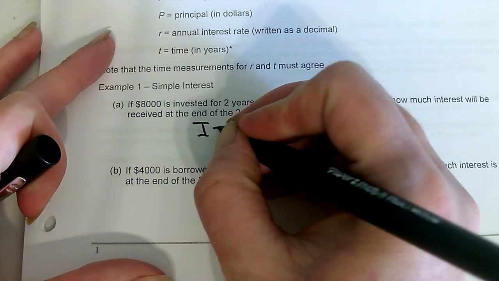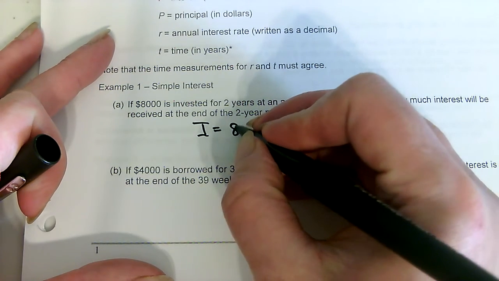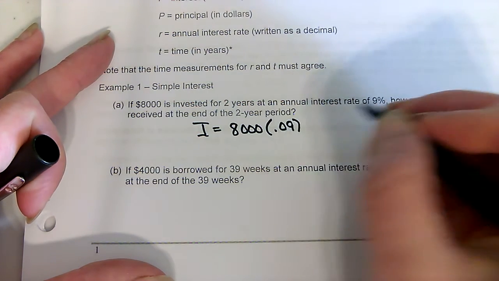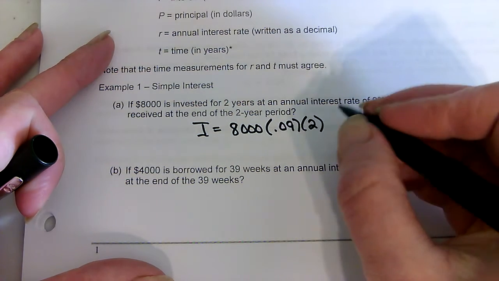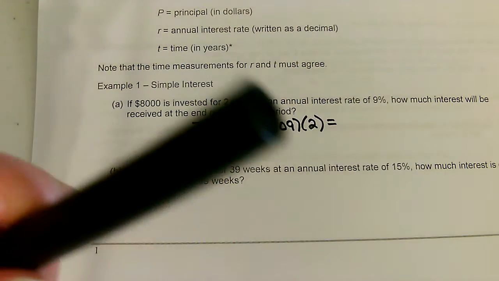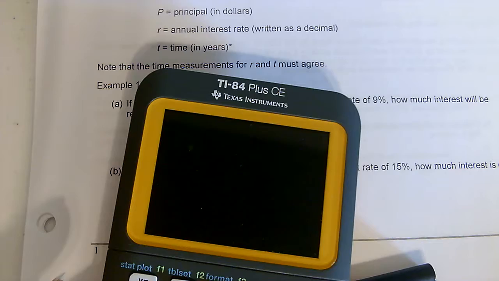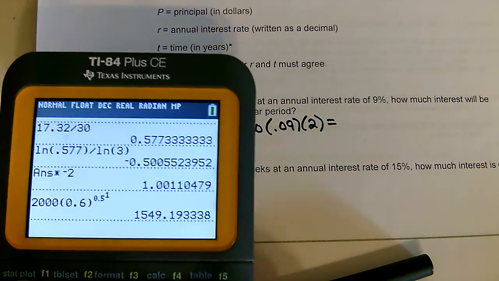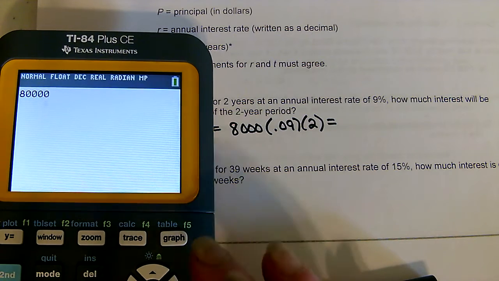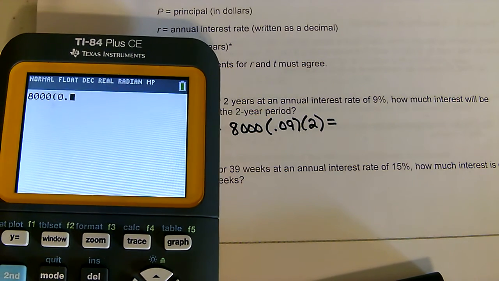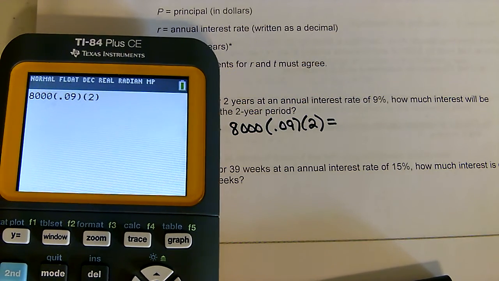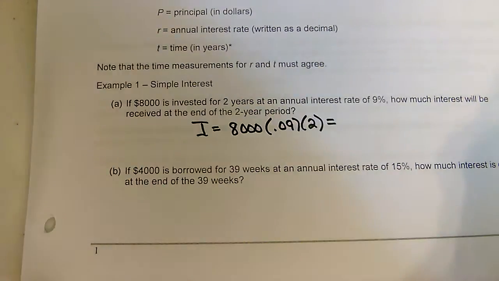Your interest will be the principal times the rate, which would be 0.09 for 9%, times the number of years. So 8,000 times 0.09 times 2 is $1,440.